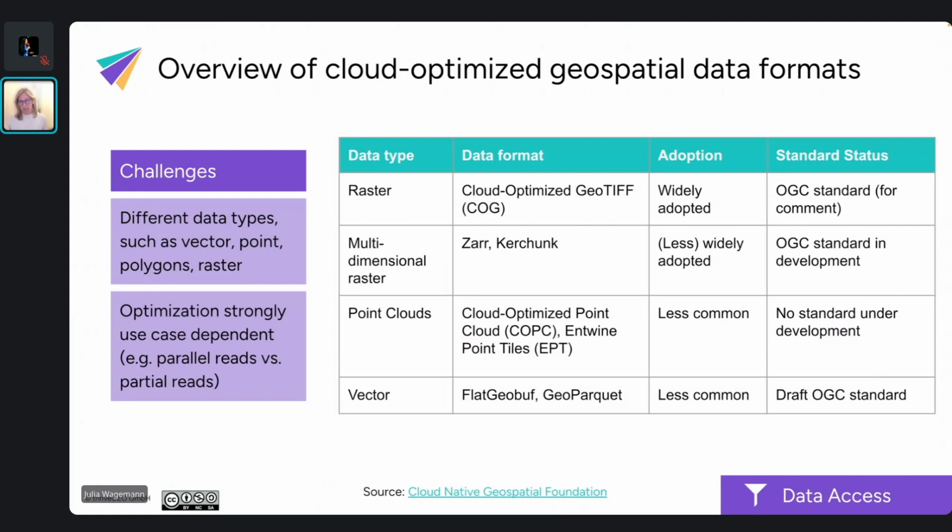There's also a table that lists the status of the adoption and also the standardization of these formats. You see that cloud optimized GeoTIFF is the one that is most widely adopted, and there's already also an OGC standard that is now open for comment.